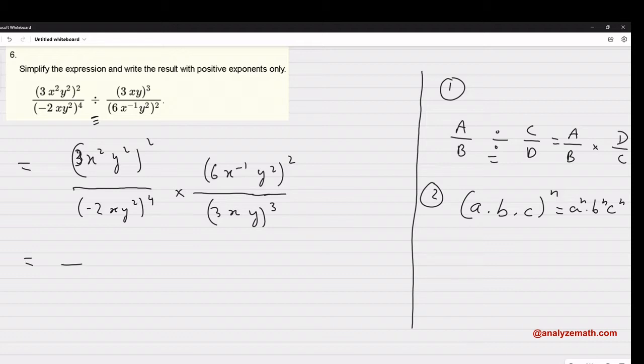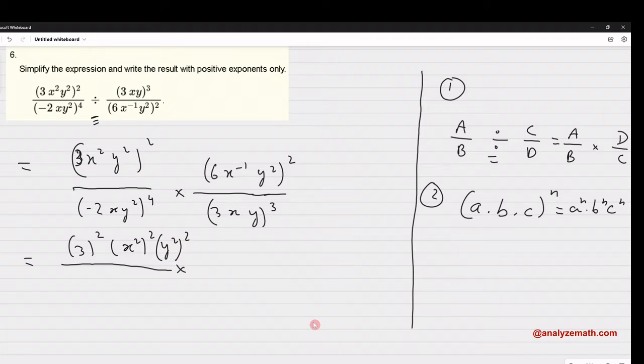So let's do it for the first expression. We have 3 power 2, x2 power 2 and y2 power 2. This is a, b, c, and then the power.